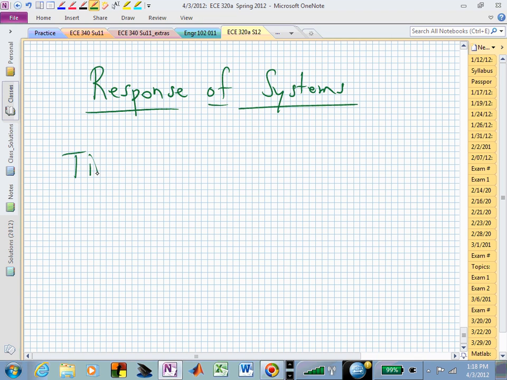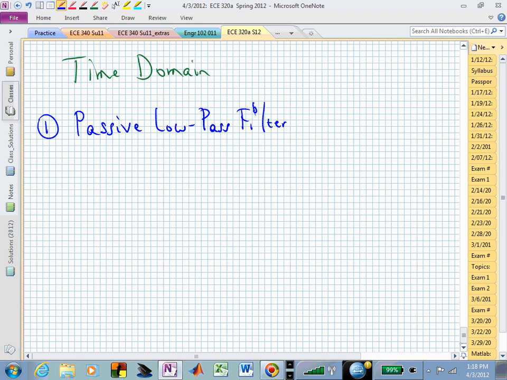In the time domain, suppose we go back to our first circuit. And we'll just call this then the passive low-pass filter. What was its impulse response?